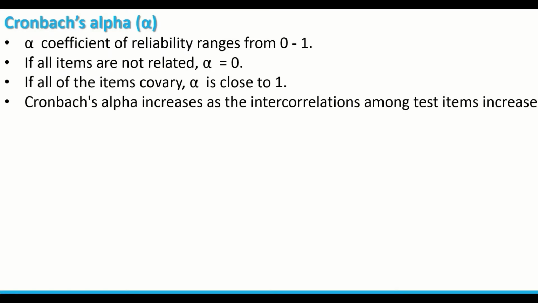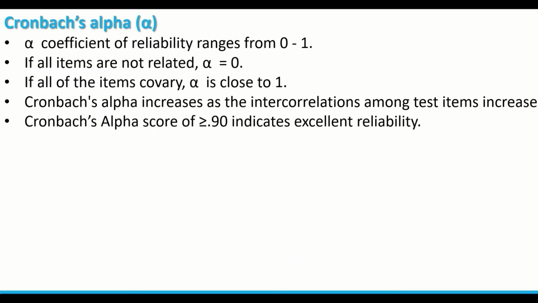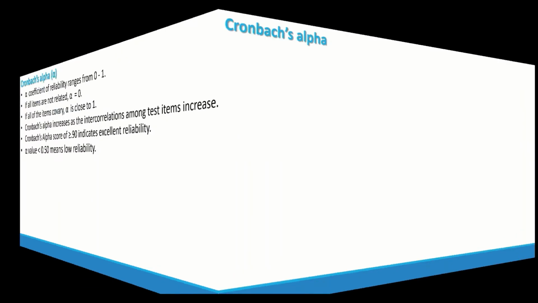Cronbach's alpha increases as the intercorrelations among test items increase. A Cronbach's alpha score of 0.9 or greater indicates excellent reliability, and an alpha value of less than 0.5 means low reliability.